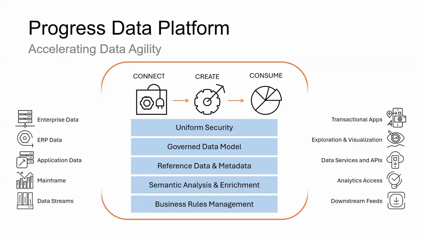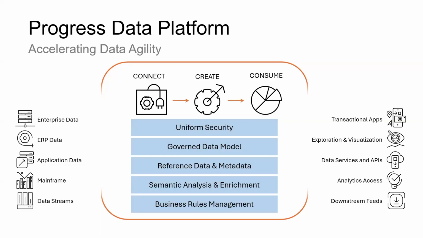Initially, in the connection part, it facilitates connectivity across a large set of data sources, regardless of where the data resides or in which format it takes. In the creation phase, organizations can apply data governance, a governed data model, reference data, and semantic analysis to the information, which is exactly what Jim talked about, actually contextual analysis of the information, and then add structure, security, clarity, and meaning to the data.